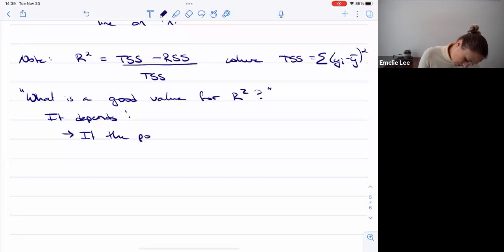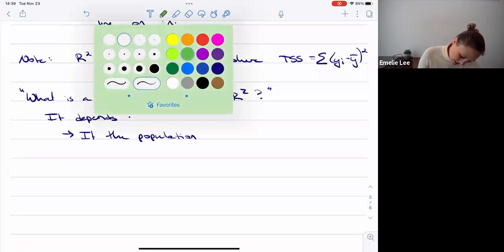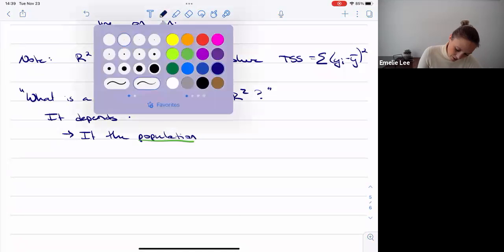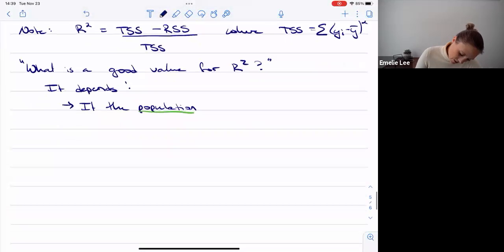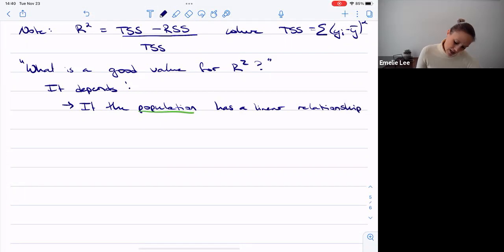So if the population follows a linear model, or has a linear relationship, I think of it as kind of truly linear, right?